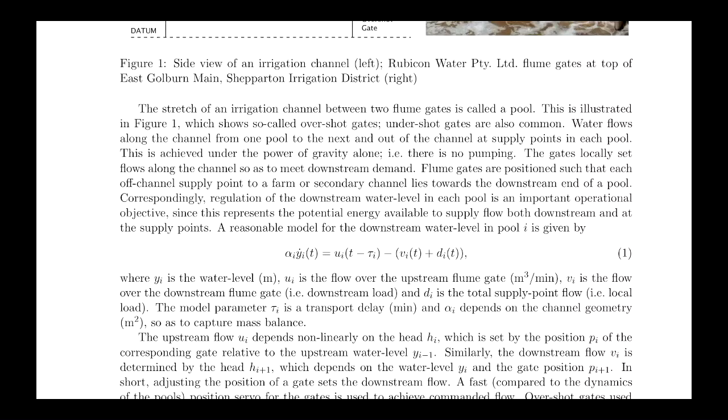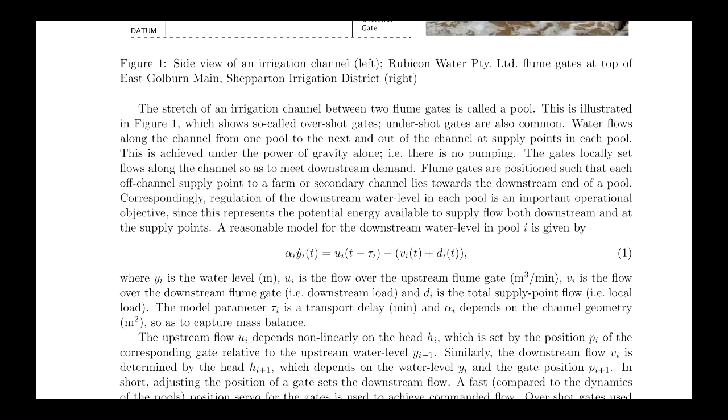And really, the reason we can get away with the simplistic model is because we only care about the water level at the supply points at the downstream end. We don't really care about what the water level's doing further upstream. If you want to know what the water level's doing further upstream, then you have to account for gravity.